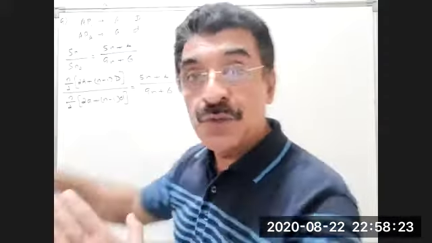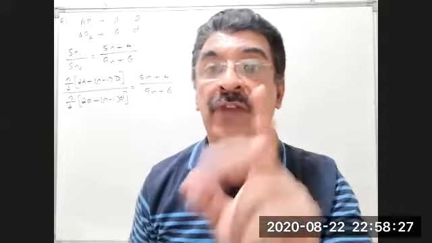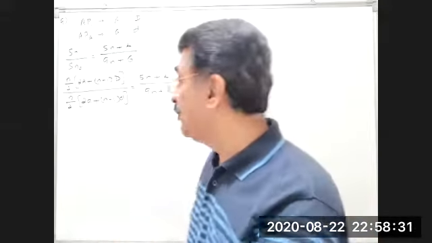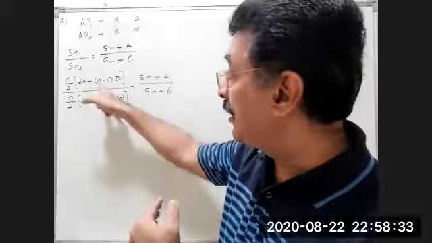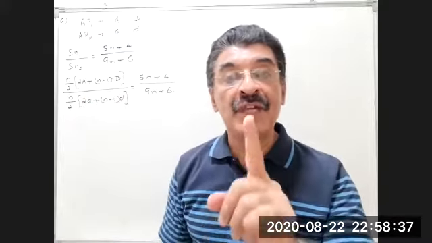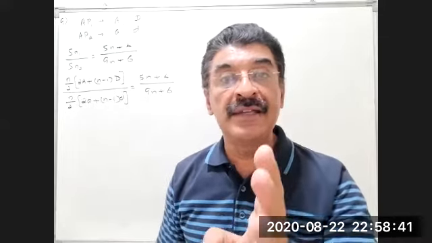Again, we used A and D differently, but n we use the same n. Why don't we use capital N and small n here? The reason is that n stands for the number of terms, and for both APs the number of terms remains the same.